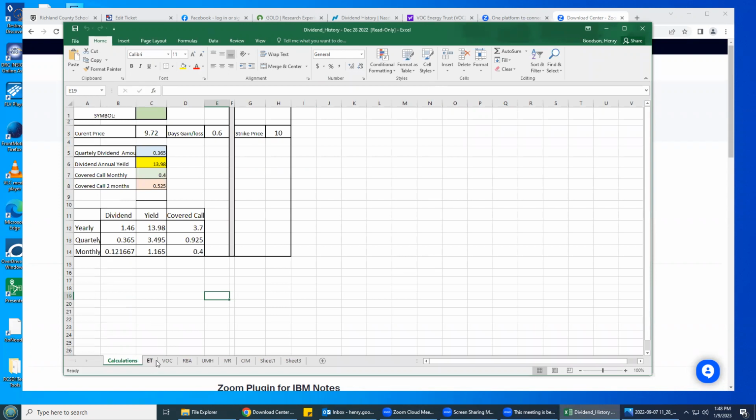So I added this one worksheet to calculate dividends and, if you were to get covered calls, how to look at it quarterly versus monthly versus weekly.